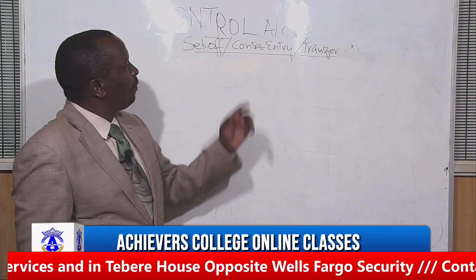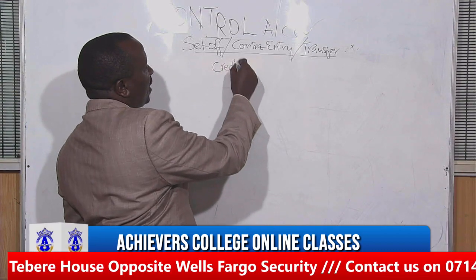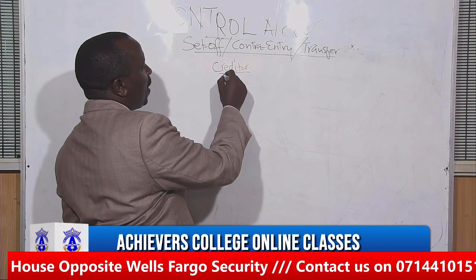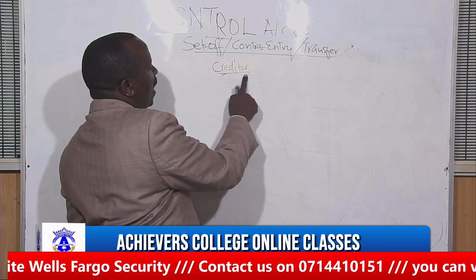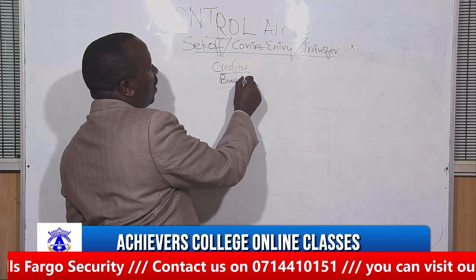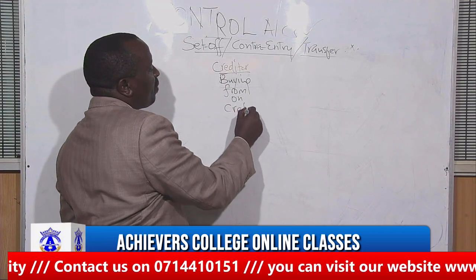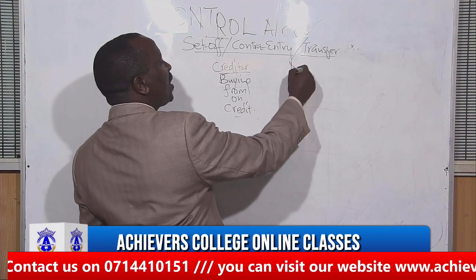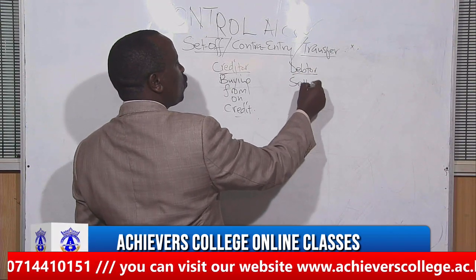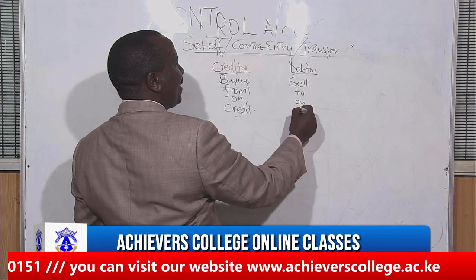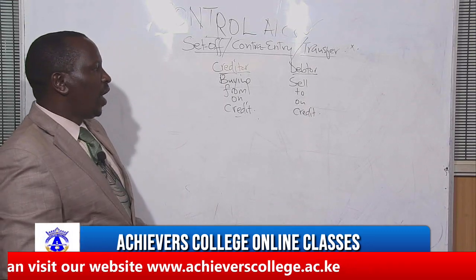In our case here, we have a creditor. A creditor is somebody who is selling to us; we are buying from somebody on credit, and that person is the creditor. And we have the debtor. The debtor is somebody we sell to on credit.